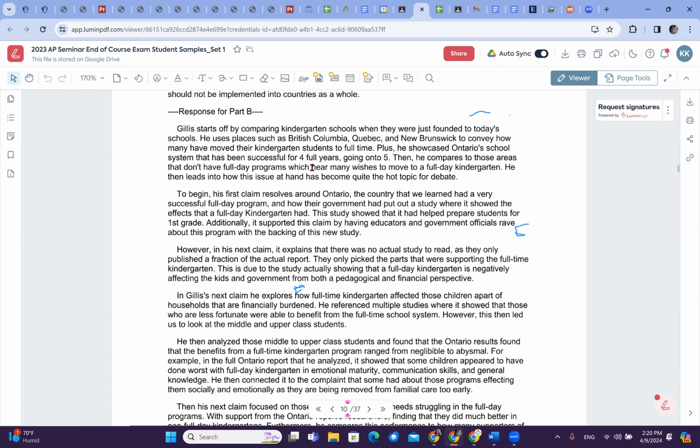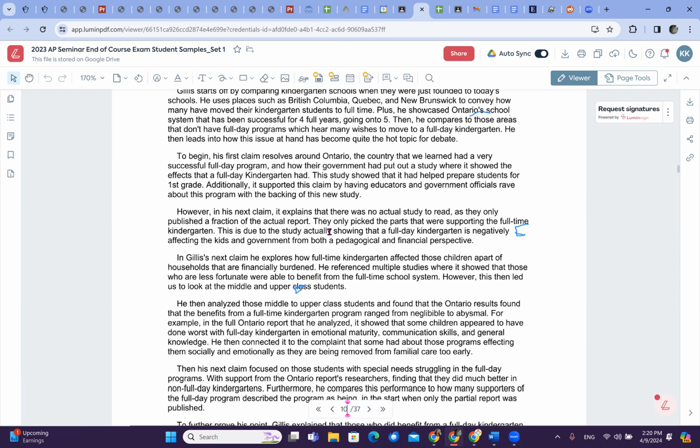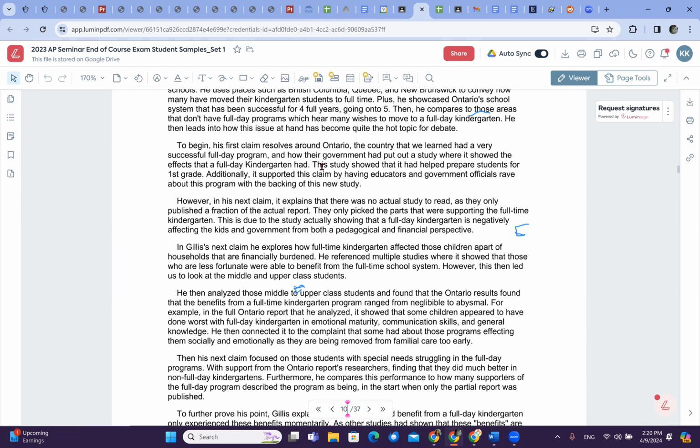To begin, his first comment revolves around Ontario, the country that we learned had a very successful full-day program, how their government had put into a study where it showed the effects. This showed that it had prepared students. Additionally, it shows the claim by having educators rave about this program for the backing of the new study. That's his first claim.